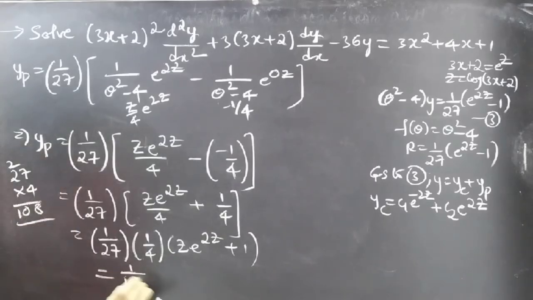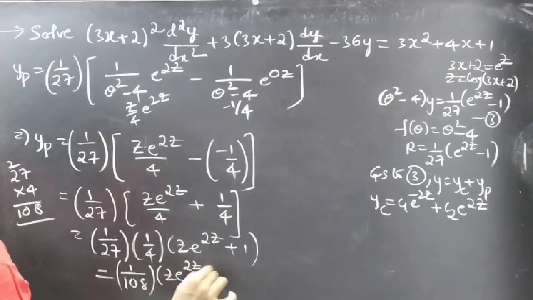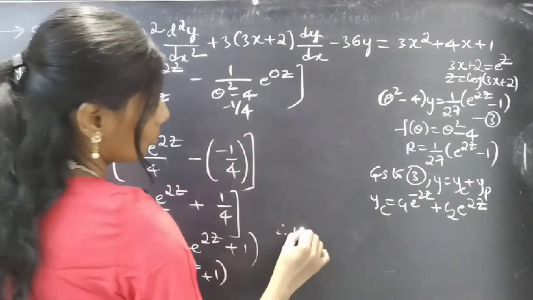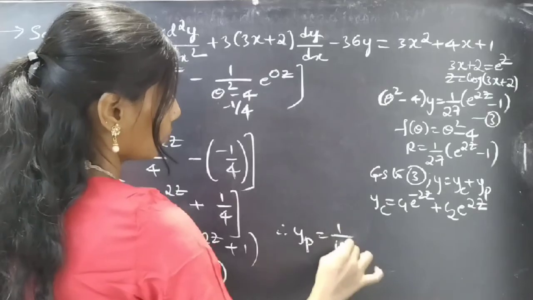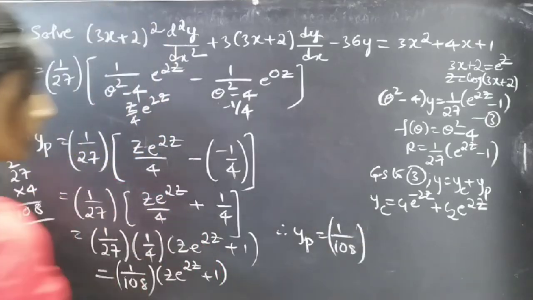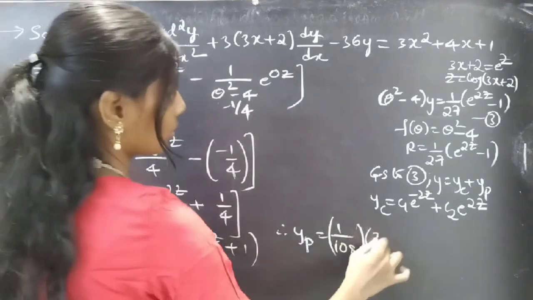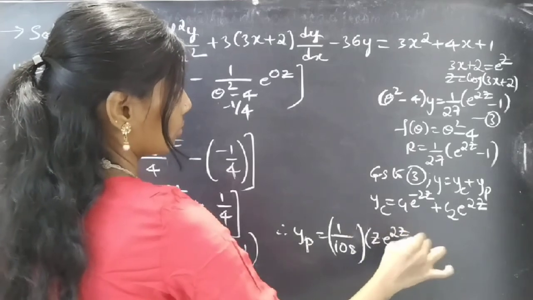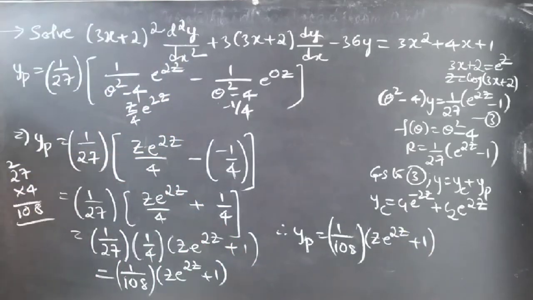We'll get 1 by 108 into z e power 2z plus 1. Therefore, yp equal to 1 by 108 into z e power 2z plus 1.